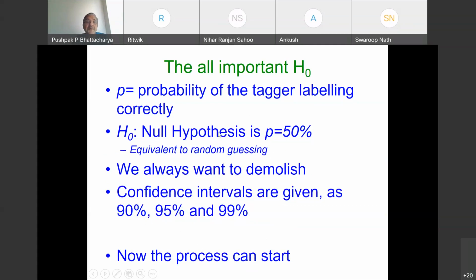First of all, start with the null hypothesis, and also specify right in the beginning what is your tolerance level. That means you want confidence intervals to be 90% or 95% or 99%. This corresponds to my tolerance with respect to type 1 error. So after doing these two things, null hypothesis and specifying the confidence interval, there is a mechanical procedure to follow.